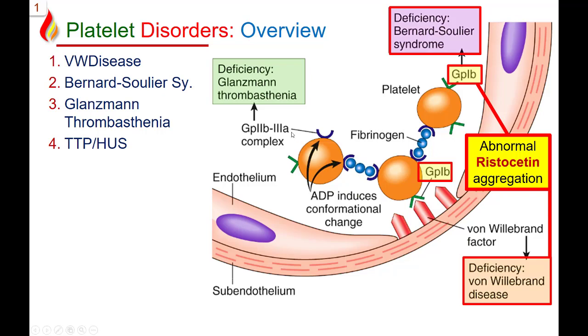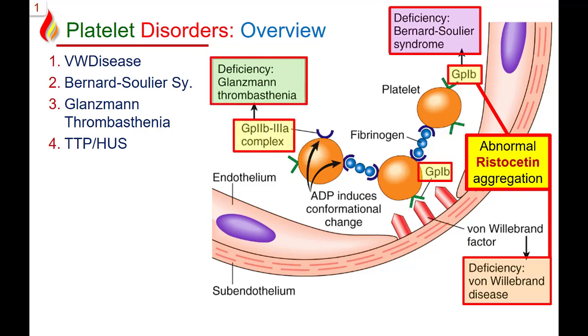Now we will come to Glanzmann's thrombasthenia, which is congenital disorder of abnormal group 2B, which is necessary for aggregation of platelets, not adhesion. Remember the difference. But again, they will give rise to same platelet function deficiency, the superficial bleeds, gum bleeds, nasal bleeds, epistaxis.